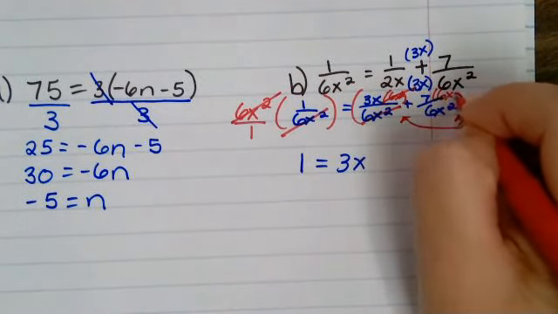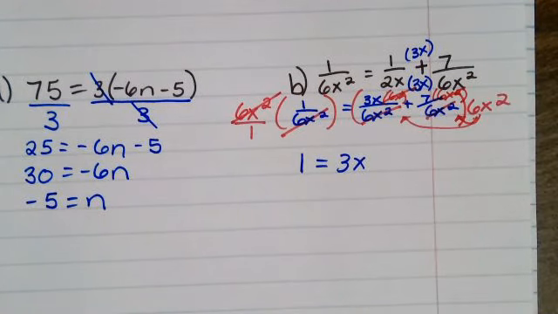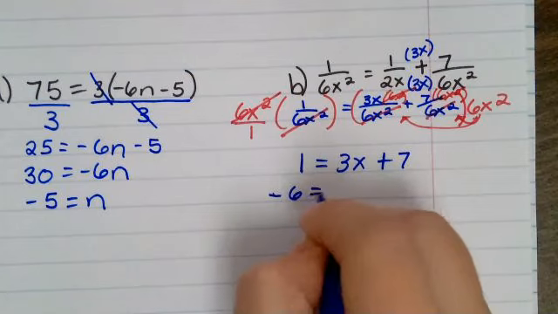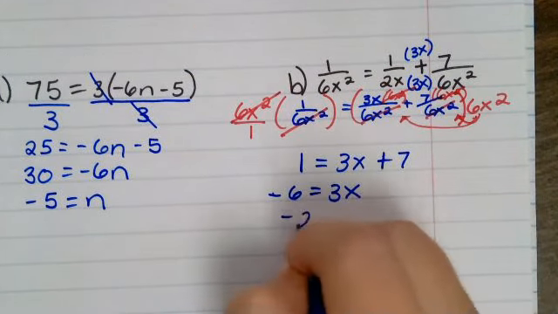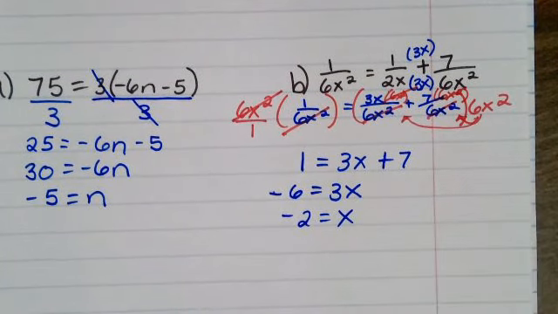You would have this 6x squared in the numerator. Well, that would cancel with its denominator. So really, you're only left with 7. So the fractions are completely gone. And this problem should feel pretty manageable. I would subtract 7 on both sides, get yourself a -6 over here. And then divide both sides by 3, and you get -2 for your x value. Done.